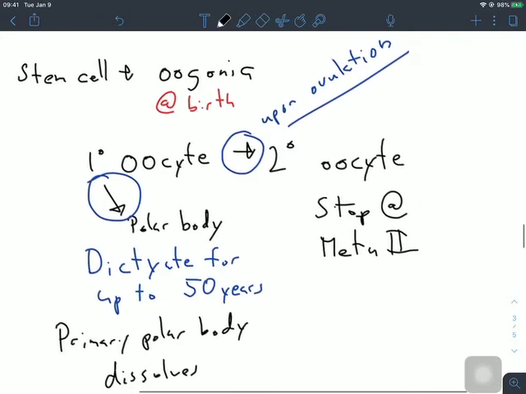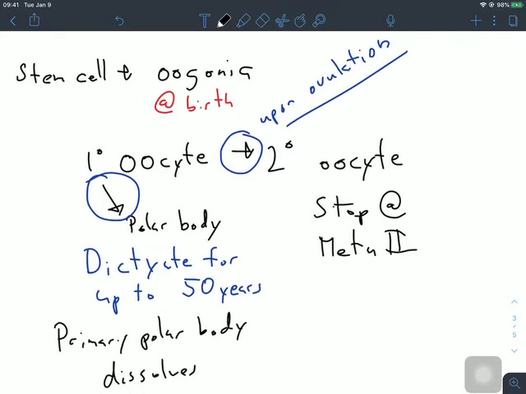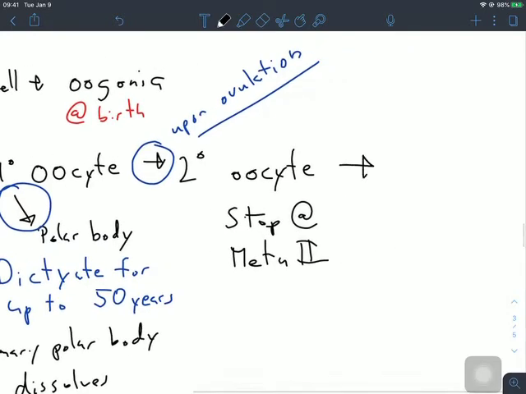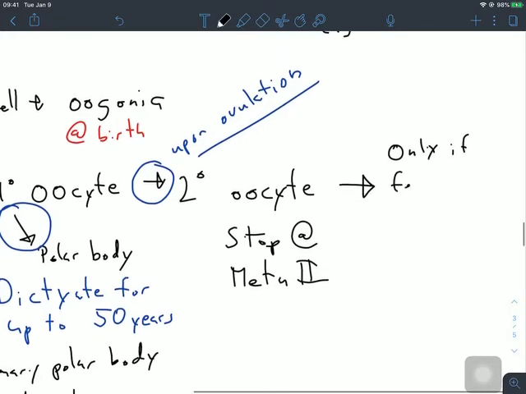Now, the secondary oocyte will remain as a secondary oocyte, stopped in metaphase 2 after the egg is released from the ovaries, and only in the case of fertilization does the secondary oocyte become an ootid.